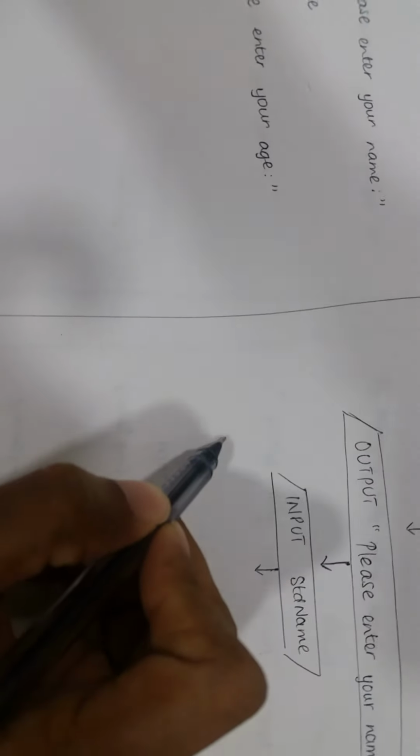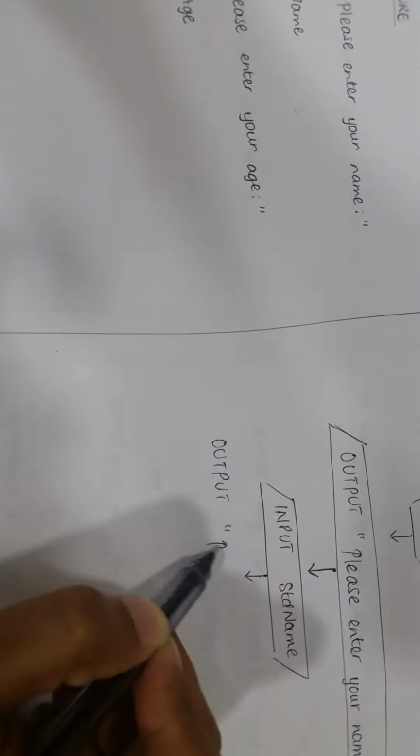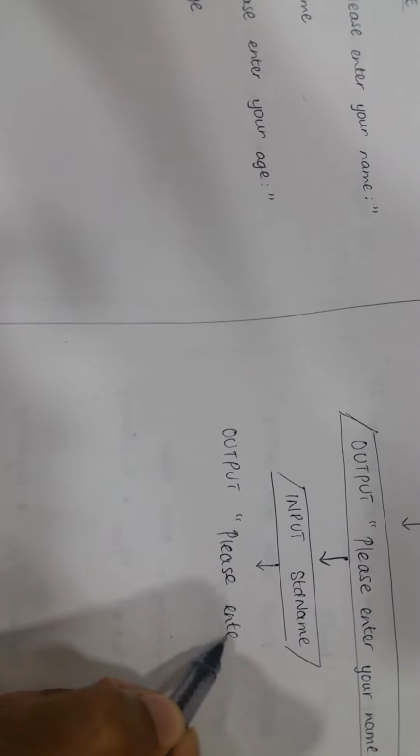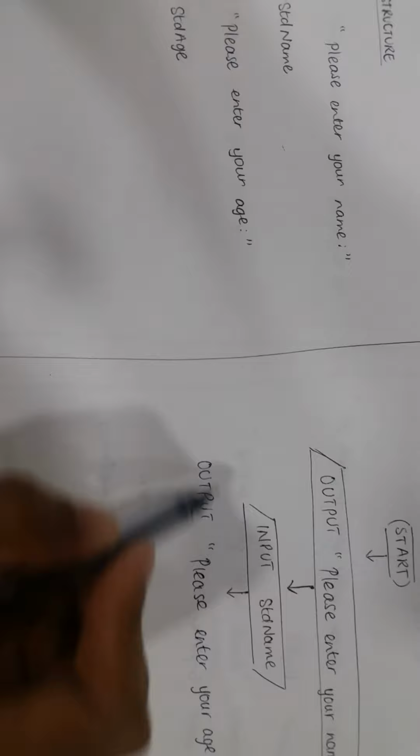So next you have output, please enter your age. So I am going to write the same thing. Since it is an output, toujours parallelogram. And finally, we have input std age.